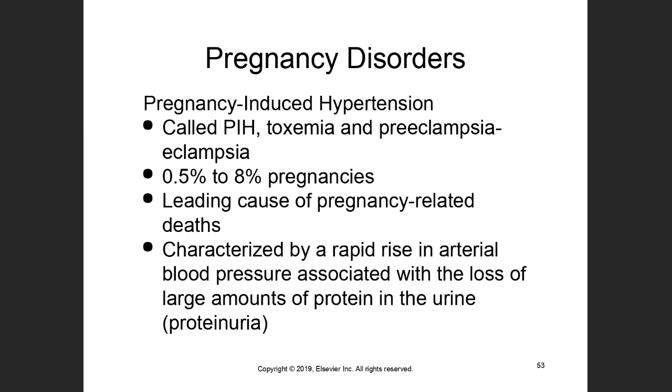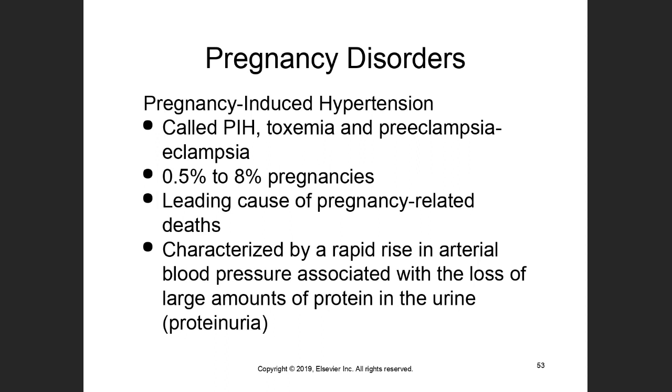Now we have pregnancy disorders. Pregnancy-induced hypertension, also called toxemia, preeclampsia and eclampsia, is a leading cause of pregnancy-related death, characterized by a rapid rise in arterial blood pressure associated with the loss of a large amount of protein in the urine, proteinuria.